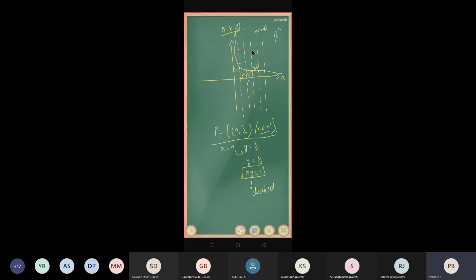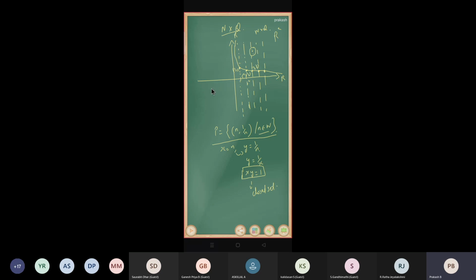One is the upper portion, another one is the lower portion. So it is an open set, right? Because for each x belonging to the set, we can form a basis element which is entirely contained in that set. Therefore, the complement of the curve is an open set, right? Therefore, the curve is a closed set.